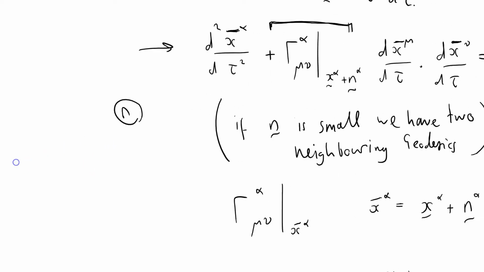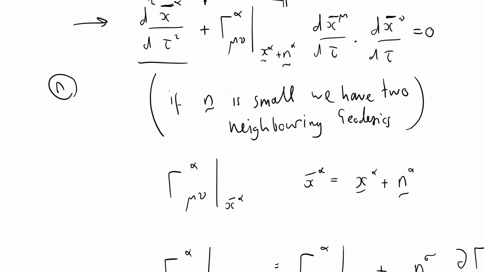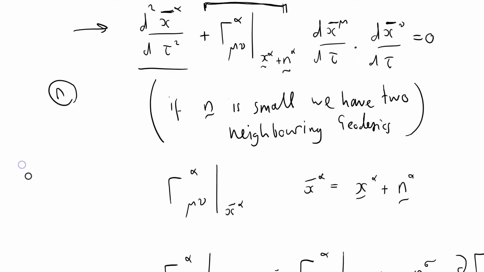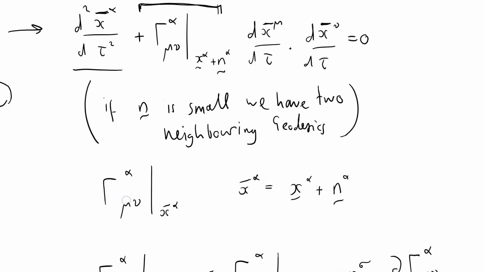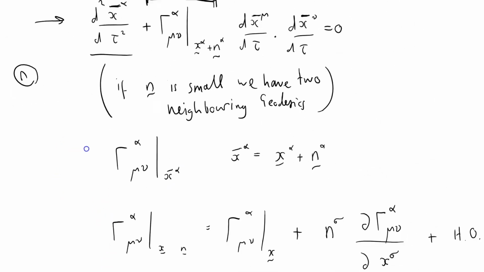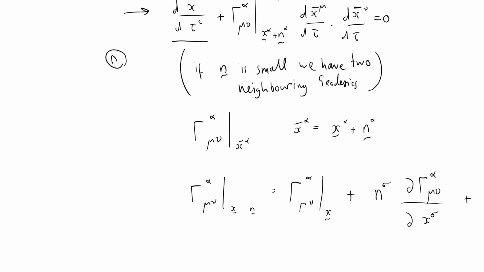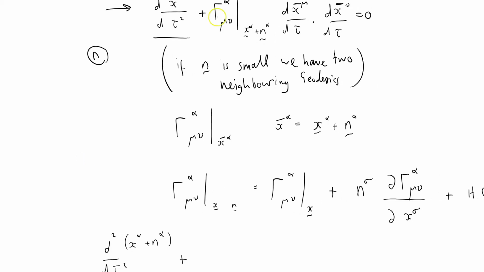Okay, well, let's start out with that term there. I'm going to run out of space, aren't I? Let's pinch in a little bit. That's going to be d2 of x alpha plus n alpha by d tau squared plus, well, I can substitute for the Christoffel symbol already because I've got the equation here.